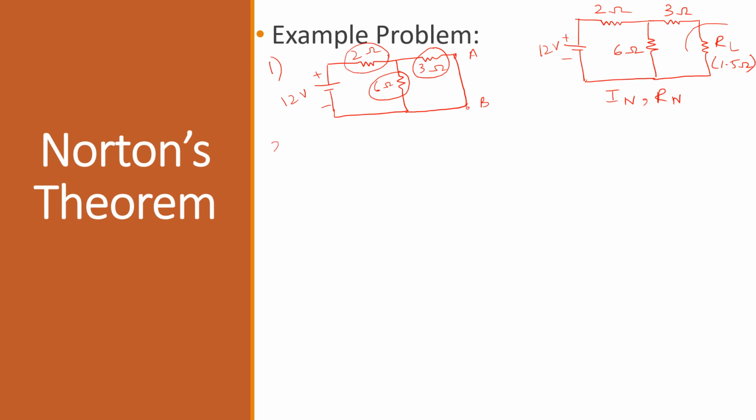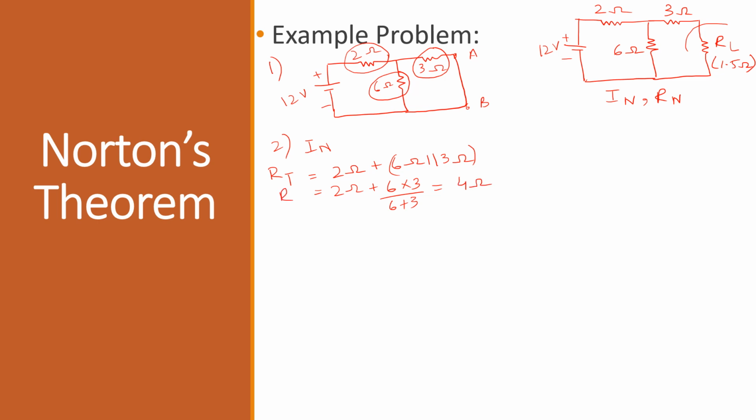So in second step, before finding this Norton current IN, you will first calculate the total resistance, which is 2 ohms plus 6 ohms in parallel with 3 ohms. It can be rewritten as 2 ohms plus 6 multiplied by 3 divided by 6 plus 3. After solving this, you will get 4 ohms.